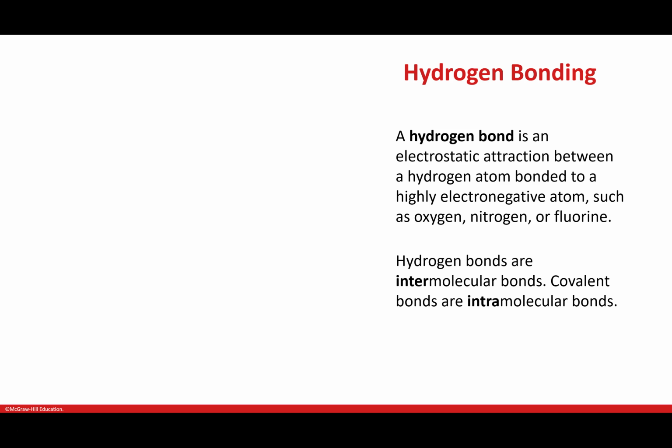A hydrogen bond is just this: basically, it connects a hydrogen of one molecule with the oxygen of another molecule. That is your hydrogen bond, and that is your intermolecular bond.